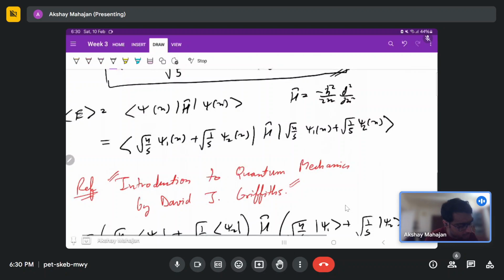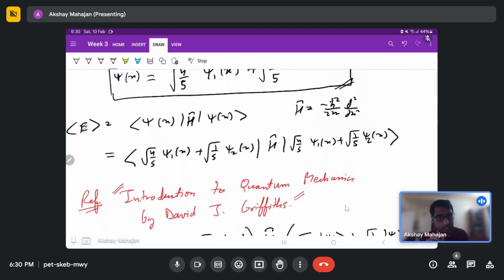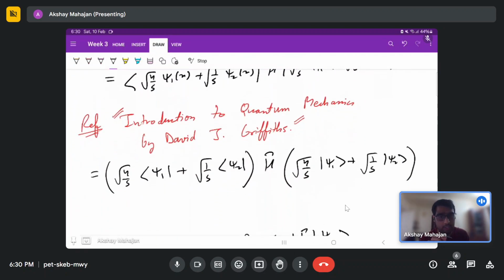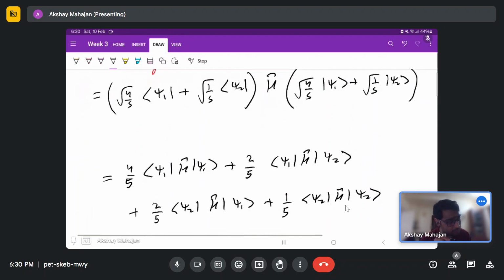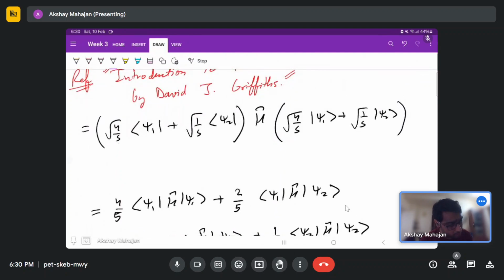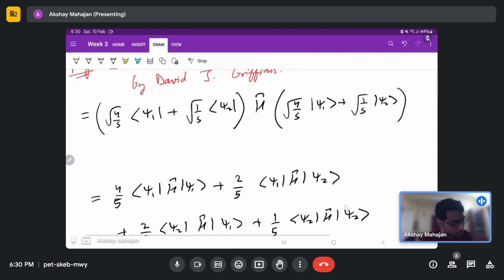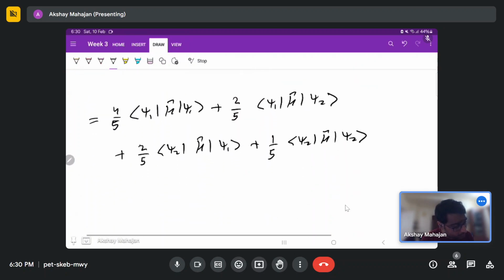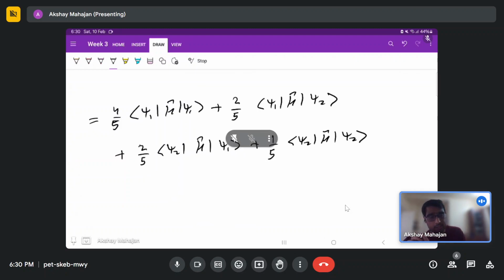So I've written psi of x like this, and then I am breaking it down into these bras and kets. This is Dirac's bracket notation, and then you just have to take each one of them. You take this one with h cap, and with this one you will get 4 by 5 psi 1 h cap psi 1. Similarly you have to pick out each of the terms. From here we will get these 4 terms, you can check it.